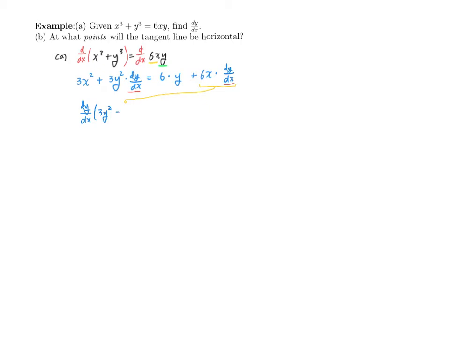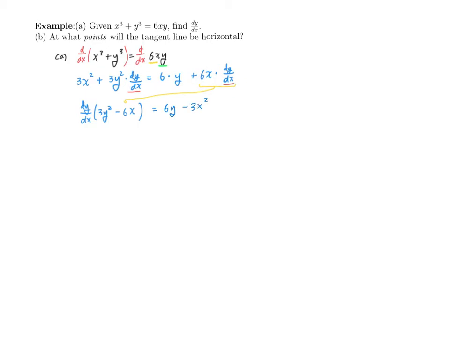So I'm going to be subtracting away a 6x, and I've already pulled the dy/dx out. So I've just combined those two steps together. I've moved this far right term over to the left, and I've pulled out a dy/dx. Then any remaining term is going to either stay on the right, or I'm going to move it to the right.